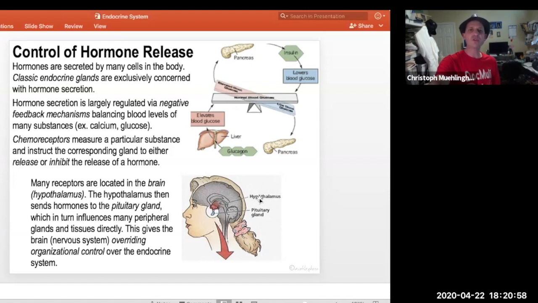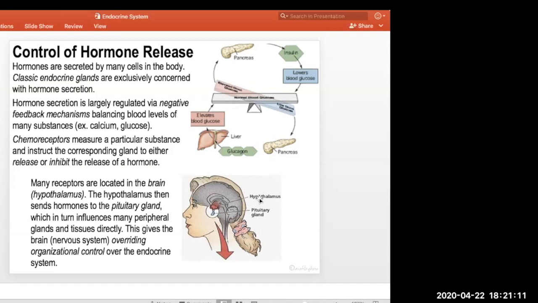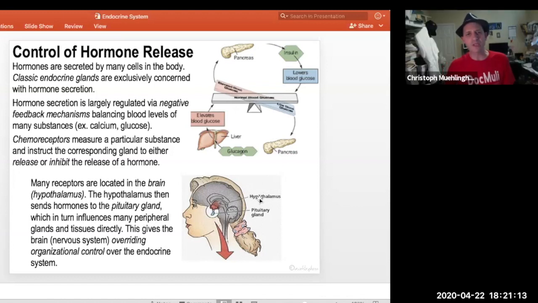The hypothalamus does many, many things. For one, it is the connection between our emotions and body function. So if we're always stressed out, we're going to get these pathologies. They call them psychosomatic problems.